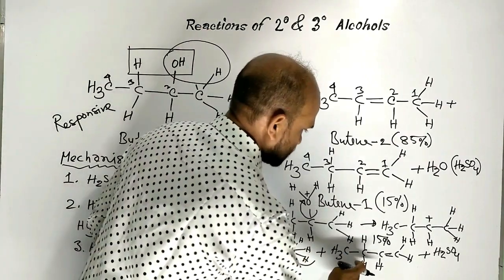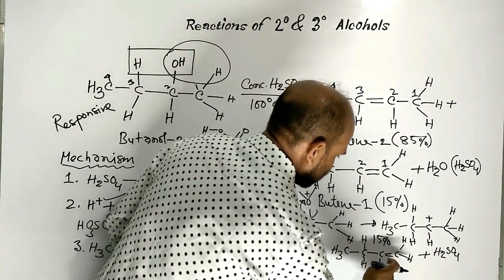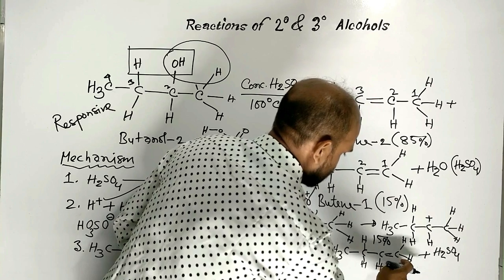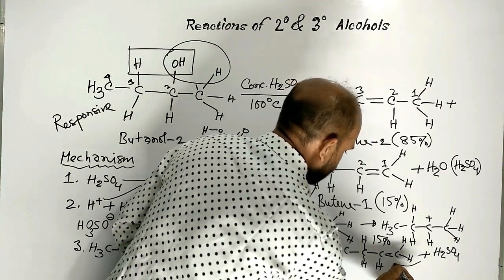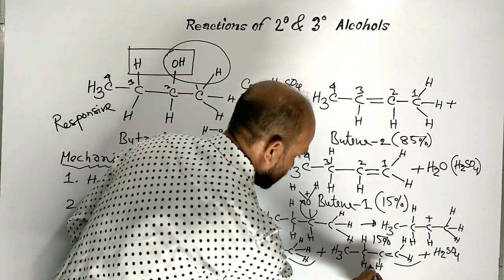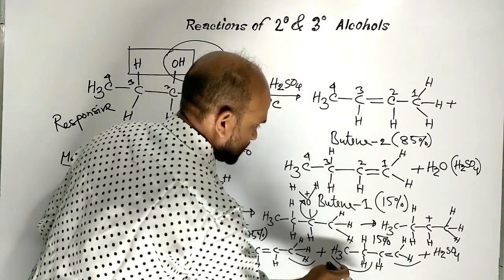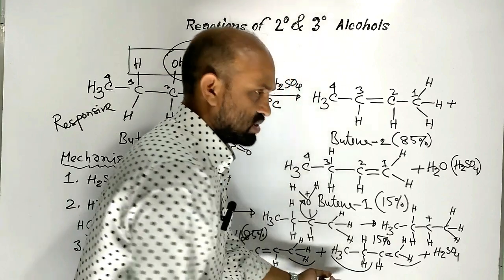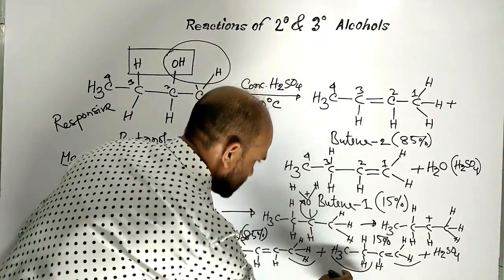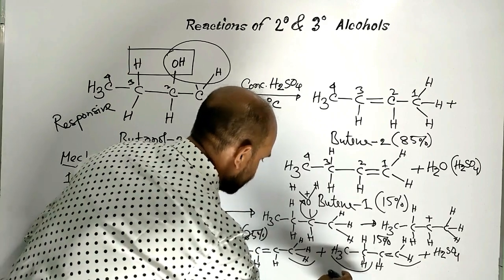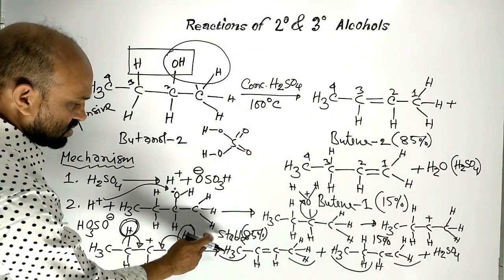But in this case, double bond is at one end. On the right side no methyl group, no alkyl group, but on the left side one alkyl group, ethyl group. This compound is not balanced, that is, this is comparatively less stable than the first one.